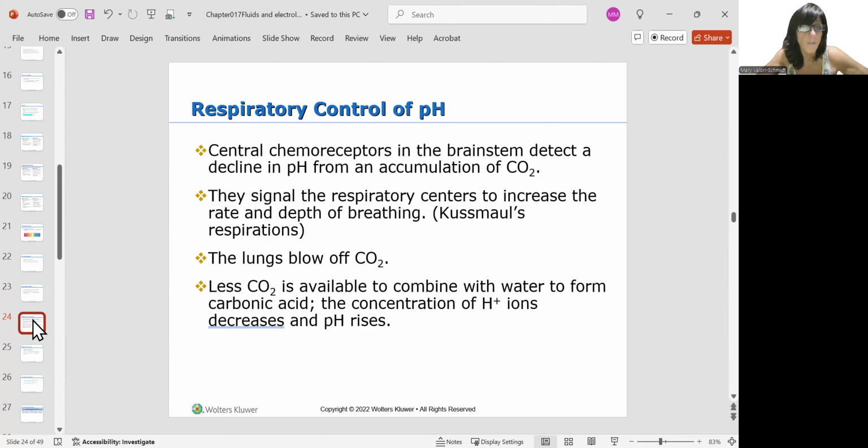Well, what can go wrong? You have chemoreceptors in your brain, in the brainstem, and if your pH starts to drop because you have too much carbon dioxide, it signals the respiratory center to do something called Kussmaul's respirations. The depth and rate of your respirations will increase. So you'll start to breathe. Why?